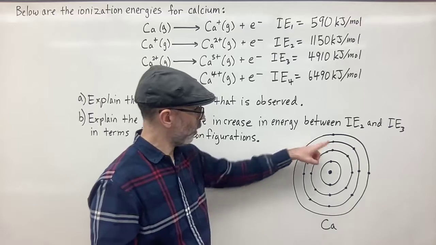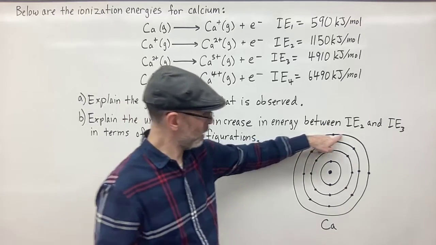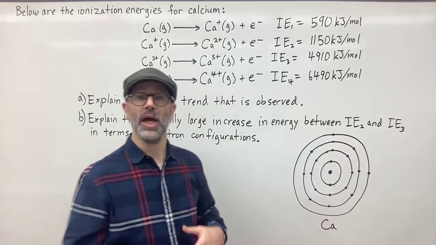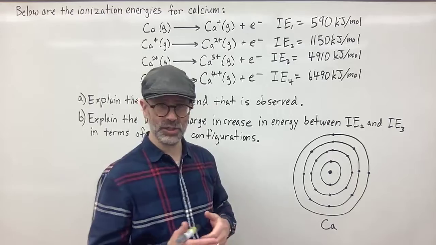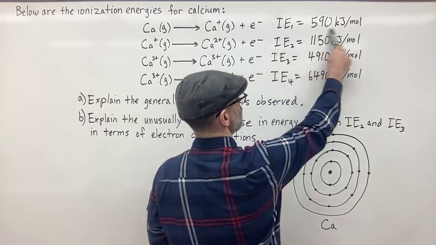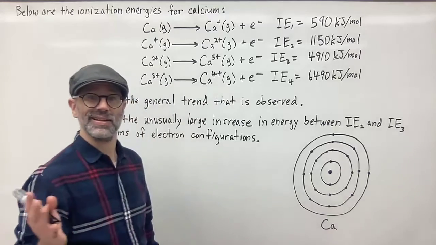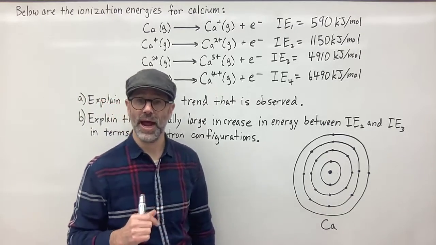And so therefore, removing the first electron from the outer shell is going to be the easiest and therefore require the least amount of energy.